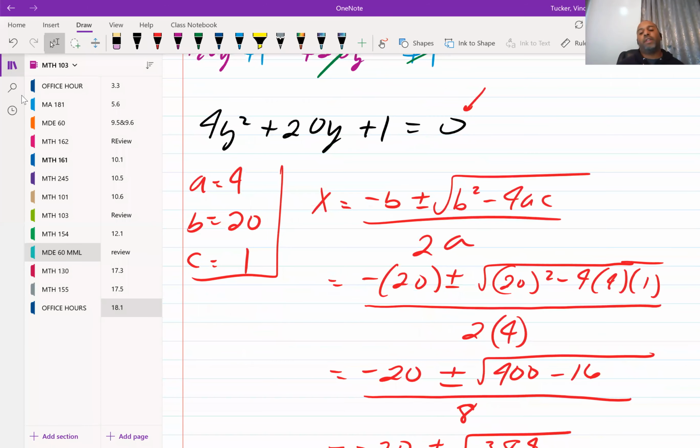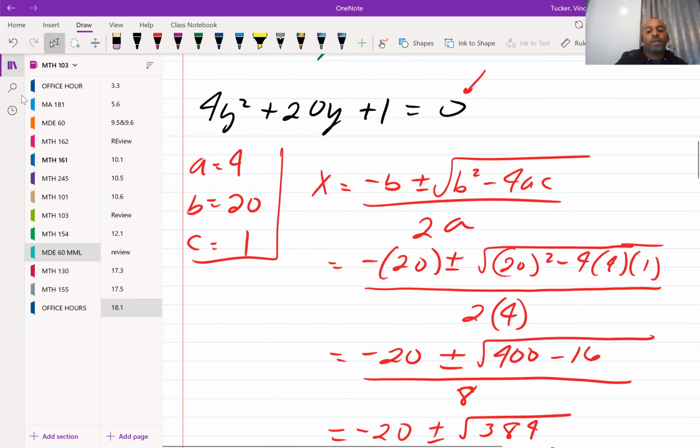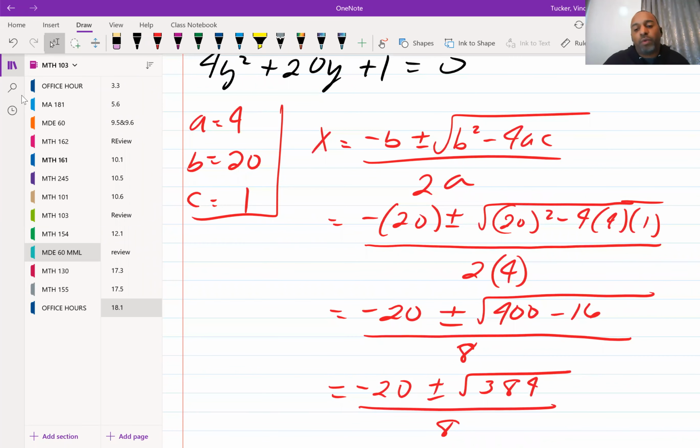All right, simplify. We have negative 20 plus or minus the square root of 400, because 20 squared is 400, minus 4 times 4 times 1, which is 16. And that gives us negative 20 plus or minus the square root of 384 over 8.